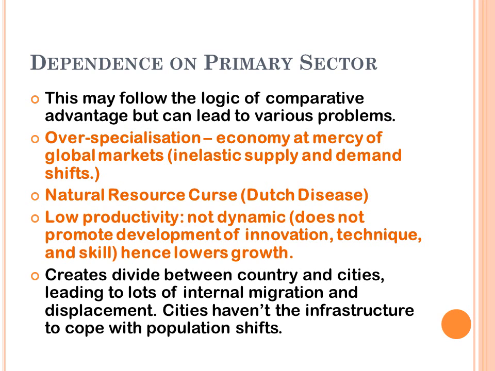On the one side, you can see that the logic of comparative advantage would suggest that a developing country would specialise in primaries, that is agricultural products and mining, extractive industries like that. This is because of the Heckscher-Ohlin thesis, which is that countries will specialise in producing those goods in which they have an abundant factor of production.